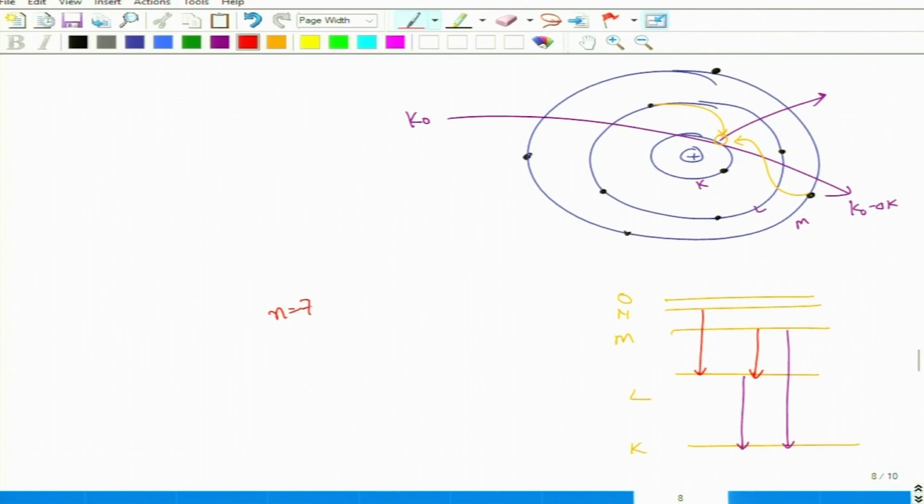It can be k, l, m, n, any orbit, and to fill up that position an electron can jump from a higher orbit. It may be from n equals 7 to n equals 2, or from n equals 6 to n equals 5. Any jump can be there, but all jumps will not have the same energy gap.